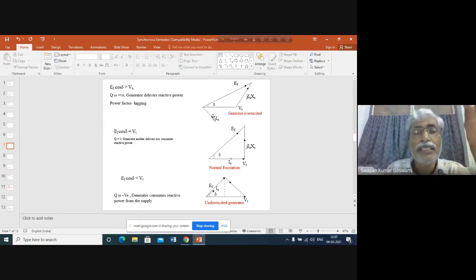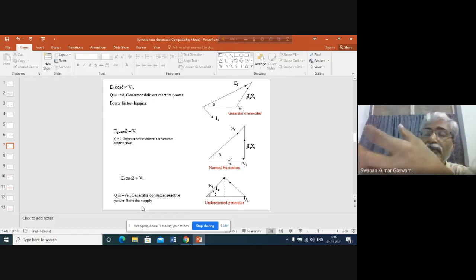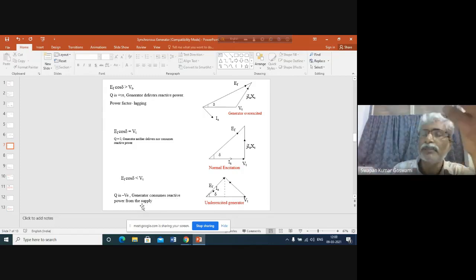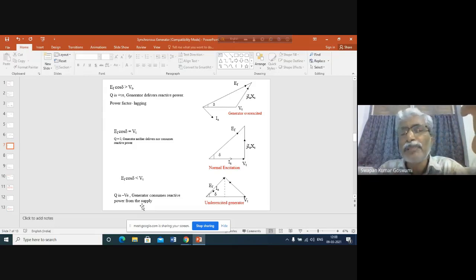Is it clear? Now, consider the situation when EF cosine delta is less than VT. This is EF and this is EF cosine delta, so it is less than VT. Obviously, Q will be negative. Negative means the generator will consume reactive power. If the generator consumes reactive power, who will be supplying it? The generator is connected to the power system, so the power system will supply reactive power to the generator.